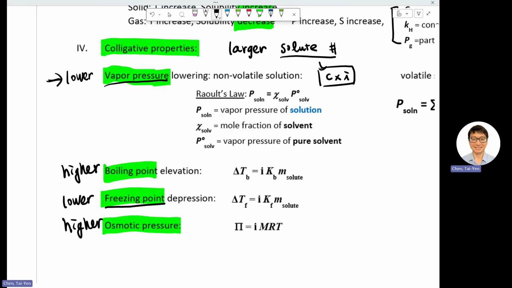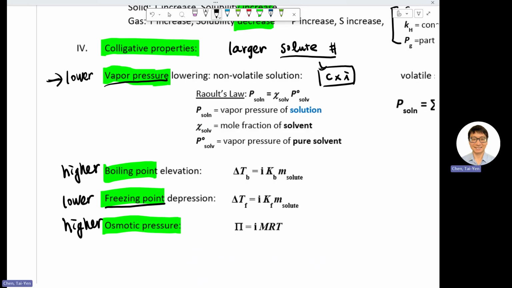Let's say you have a beaker, and inside the beaker you have an aqueous solution, so only water. If the beaker is filled with water, how do we define the vapor pressure of that?